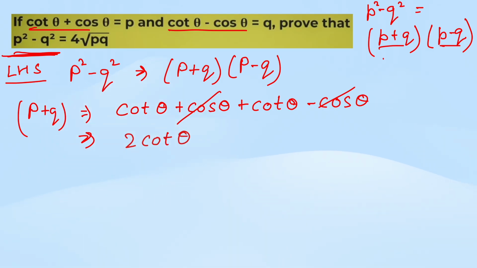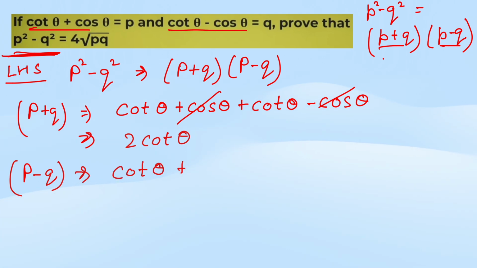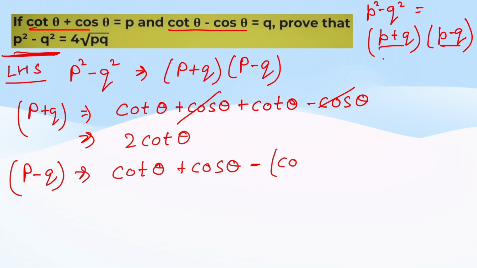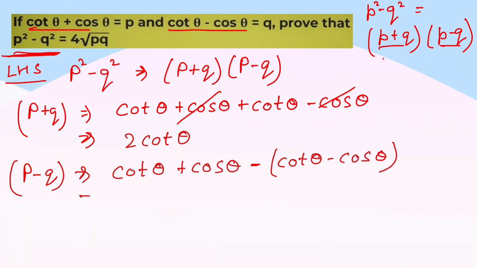Clear? Similarly, p minus q will be how much? It is cot theta plus cos theta, this is the value of p, right? Now minus (cot theta minus cos theta), because p minus q. Now let's check it out.